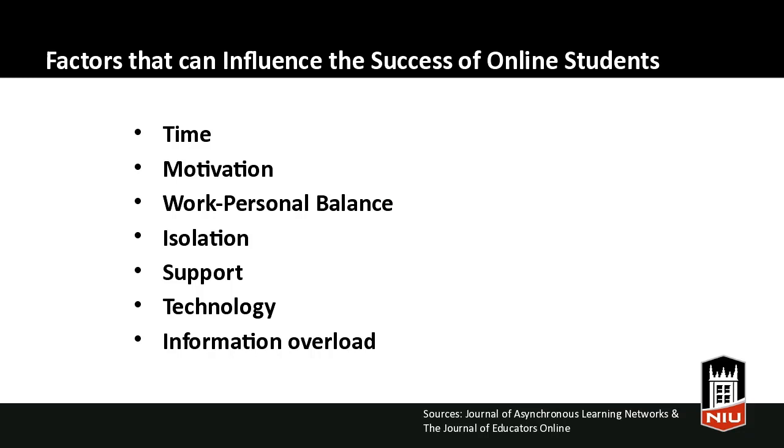One of them I'm going to pick out is isolation. A student may never be coming to campus, interacting with this online course, sitting in the comfort of their own home. That's great, but they can also feel that sense of isolation. So we want to make sure we alleviate some of those barriers and those other things that get in the way of the student's success in an online course.